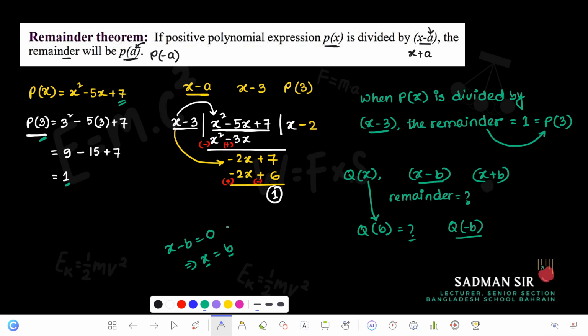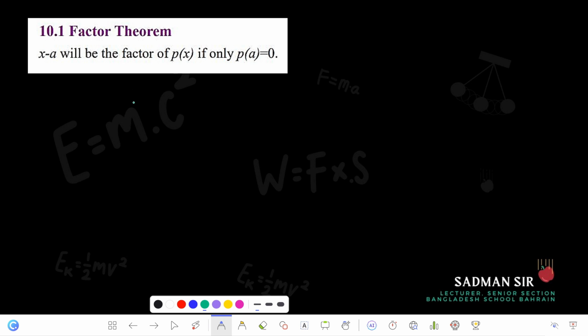So in this way, you have to find the value with which you have to replace the x. Now, the factor theorem. Before I discuss the factor theorem, let me ask you something. If I give you a number 6 and ask you to list the factors of it, which numbers can be considered as factors of 6? The numbers with which 6 can be divided. 6 can be written as 1 into 6 and 2 into 3, right? These four numbers that we have, 1, 2, 3, 6, with all these numbers I can divide 6, and I will get a remainder of 0, right?